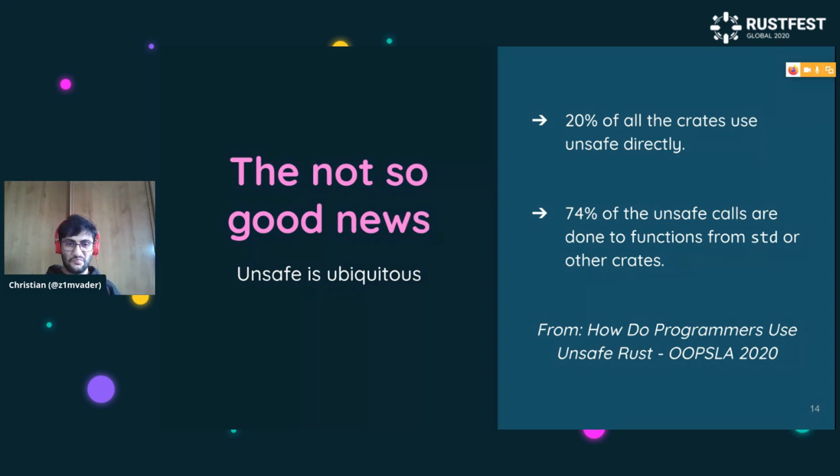If you want more information about these metrics, you can use your favorite web search engine to look for the paper about how programmers use unsafe Rust.